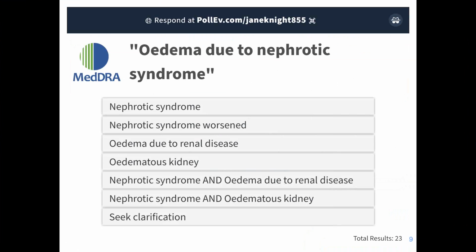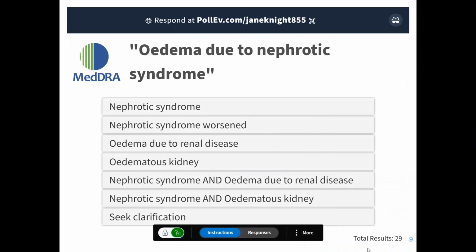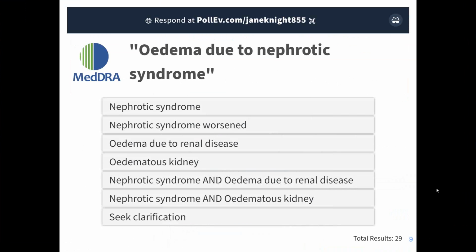Edema due to nephrotic syndrome. The answers so far. I'm still considering your choices.